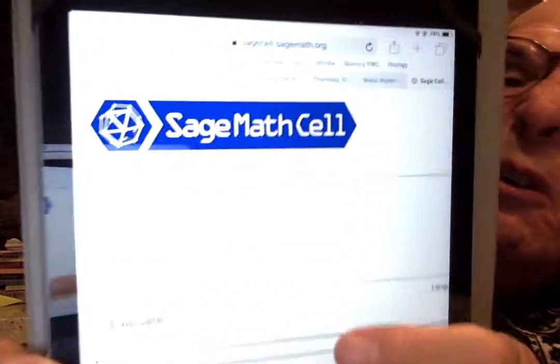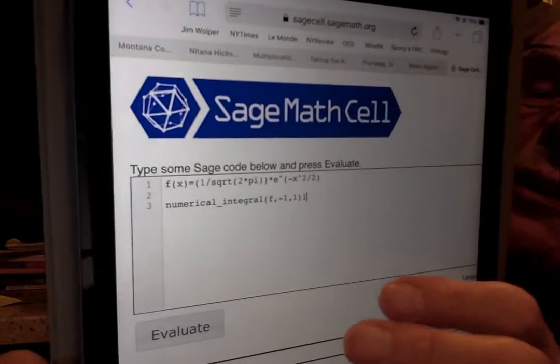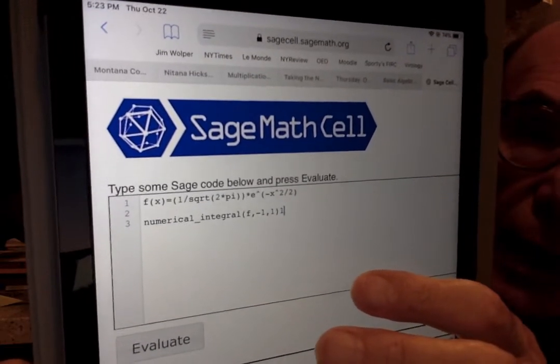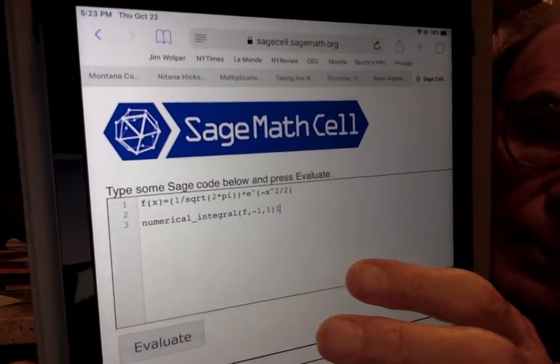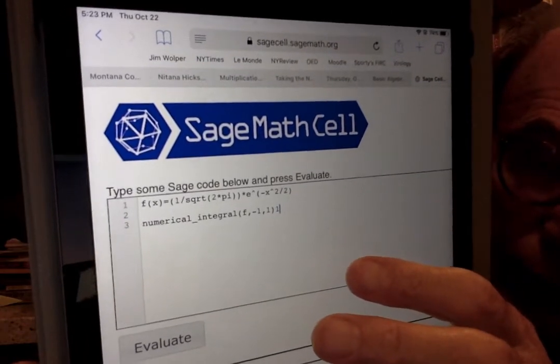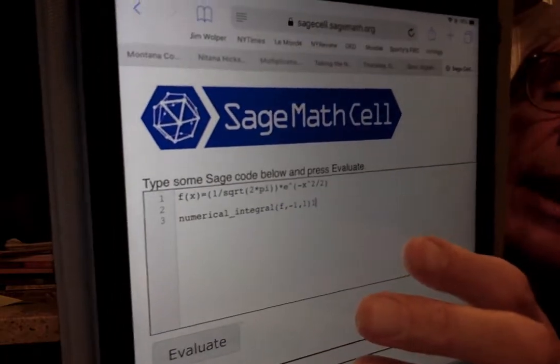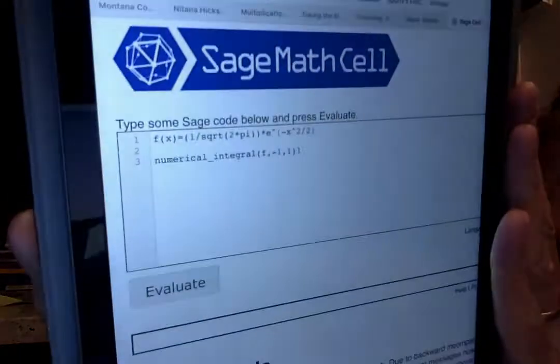It's a pretty straightforward thing if you can get away from the glare. It says numerical underscore integral. And you've got the function and the limits of integration, or the endpoints of the interval that you're integrating over. And so I'm taking f from, I can't read it in that, from -1 to 1.